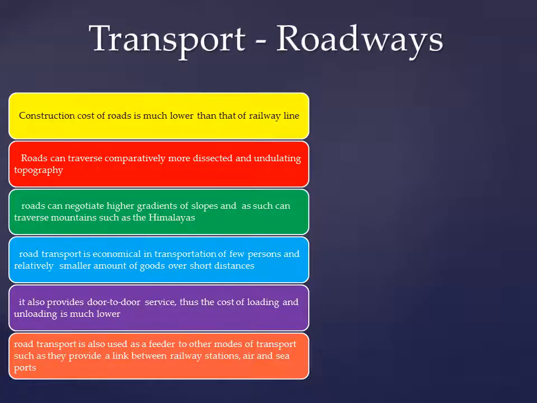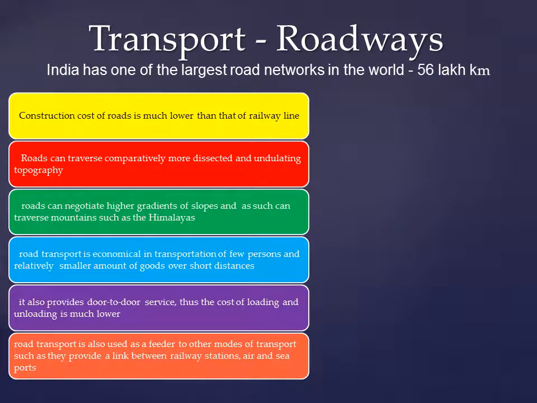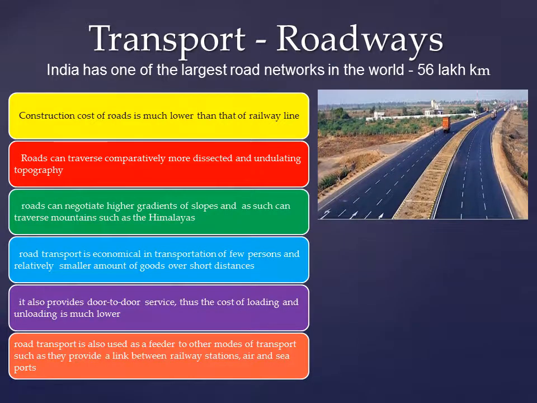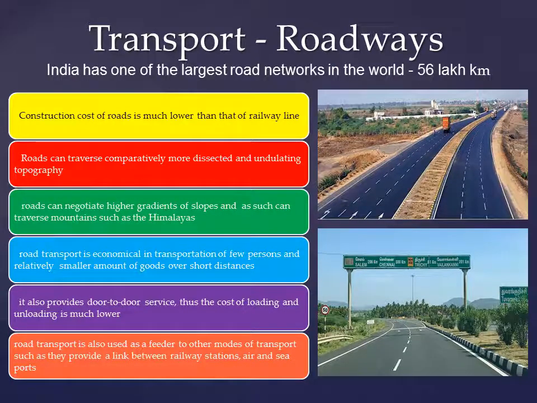Roadways. India has one of the largest road networks in the world, approximately 56 lakh kilometers. Let us see the importance of road transport. Number 1: construction cost. Laying roads is much lower in cost than laying a railway line.